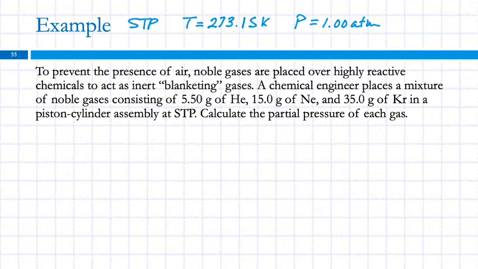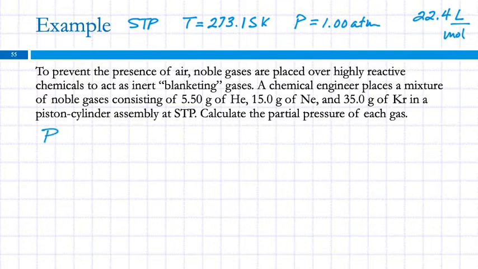And if it's helpful, I can use 22.4 liters per mole, the molar volume of a gas. Those are pieces of information in there when you see STP. It wants the partial pressure of each gas. Well, we just learned an equation expressing the partial pressure.